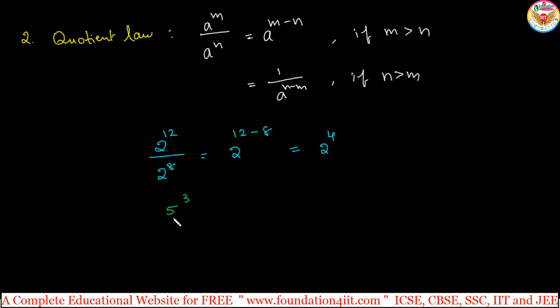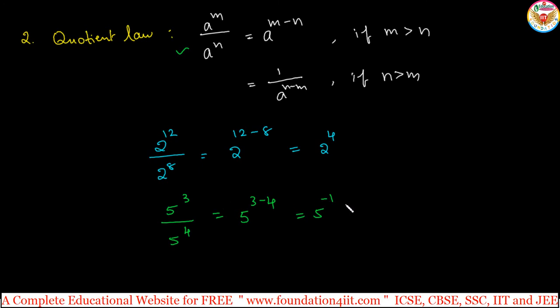Or else, 5 to the power 3 divided by 5 to the power 4. According to the first formula, if you apply it, what will you get? 5 to the power 3 minus 4. So you are getting a negative power, right? 5 to the power 3 minus 4 is negative 1. Negative integral exponent, I'll tell in the next topic.